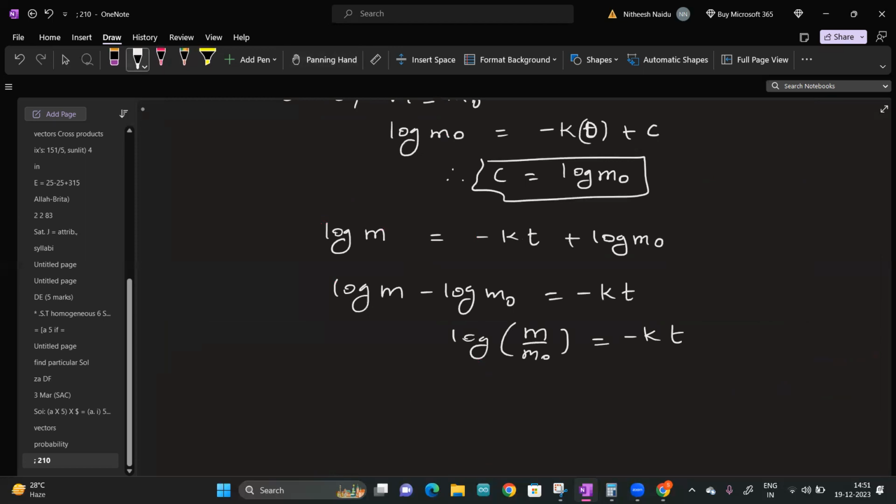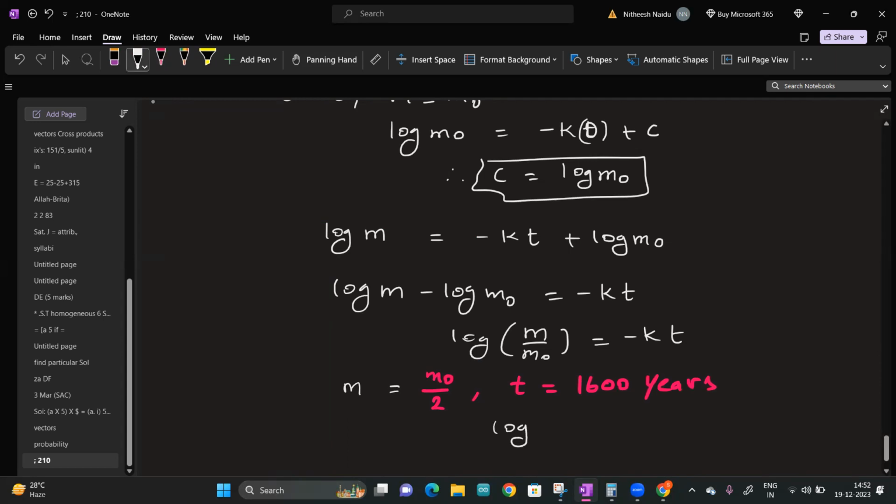So therefore, m is equal to m naught by 2, half of the initial mass, and t is equal to 1600 years gone. After 1600 years of time, the mass will be half of that part.